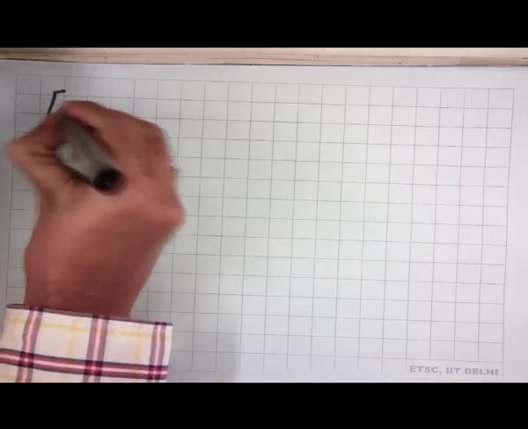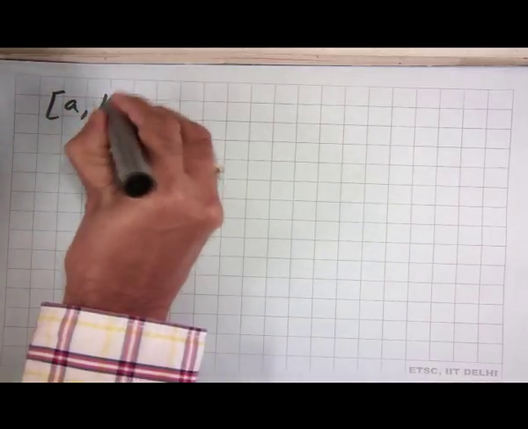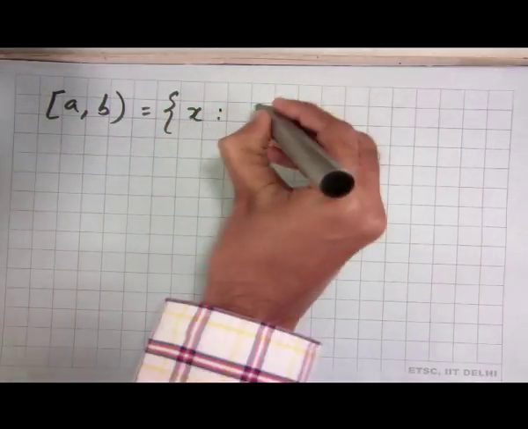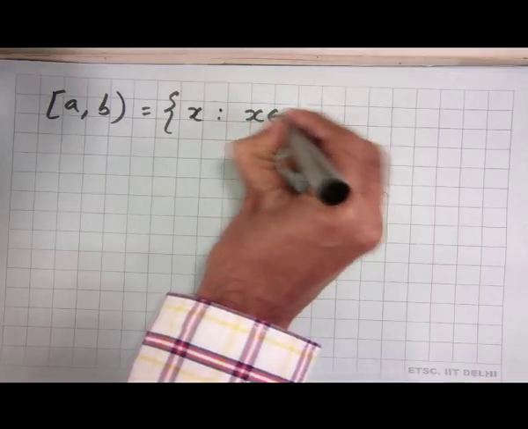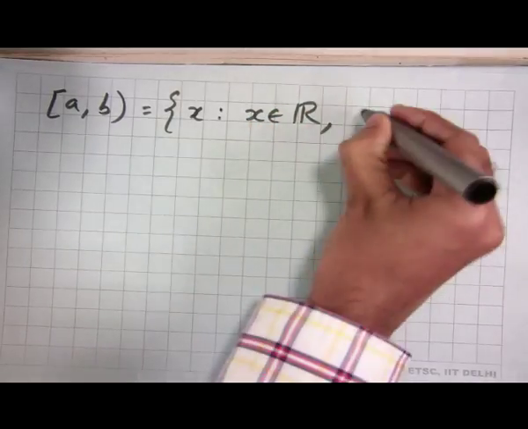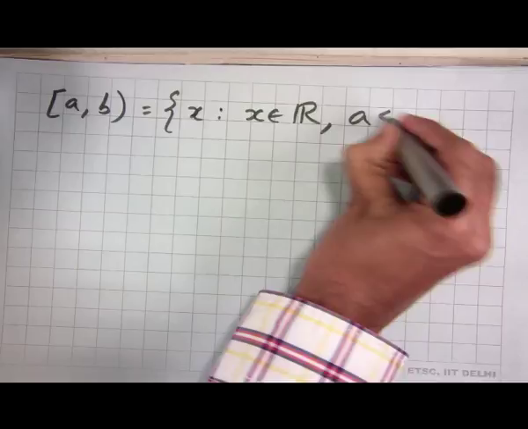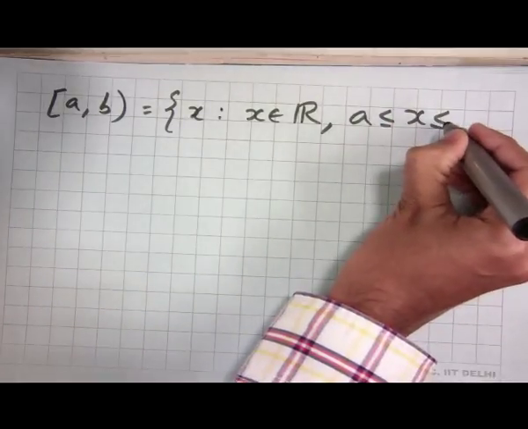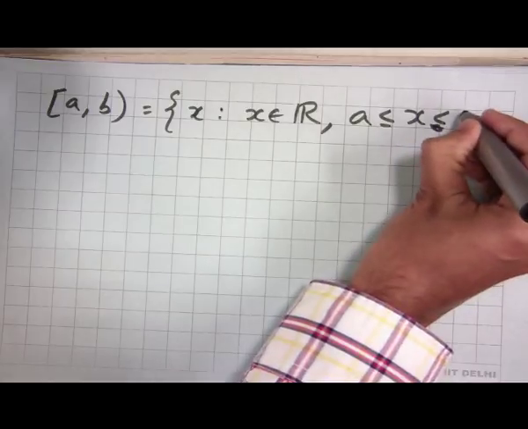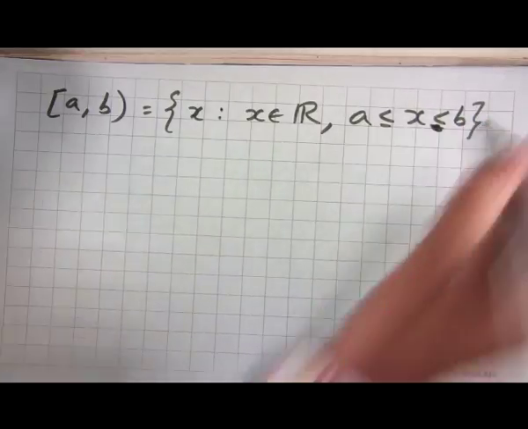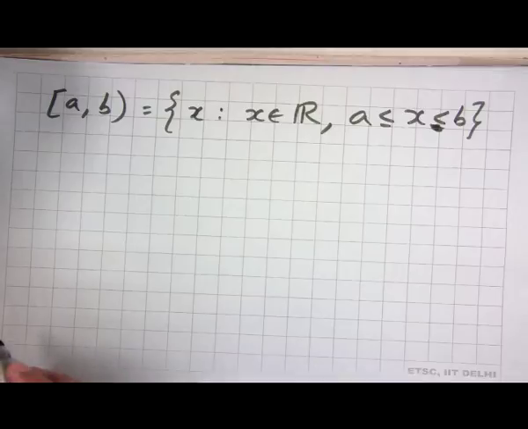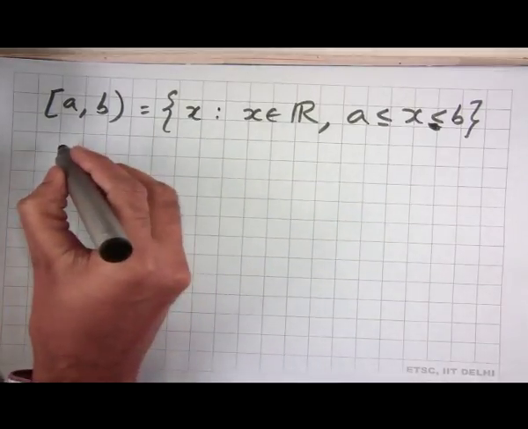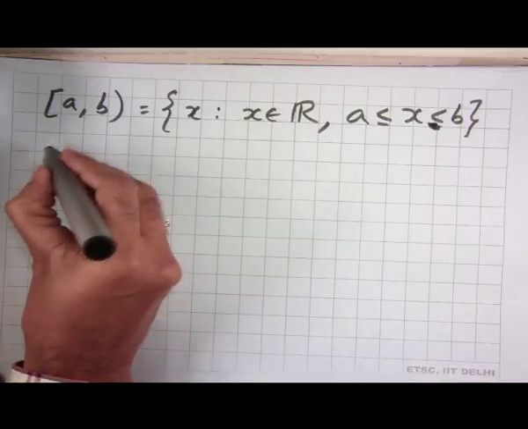Similarly, [a, b) will denote all x such that x is in R and a is less than or equal to x is less than b. And we use some infinite intervals also.